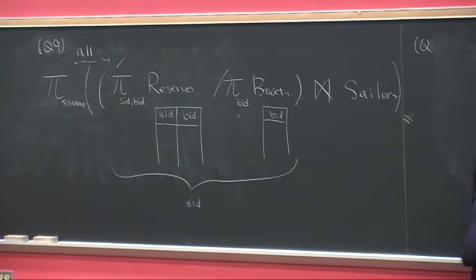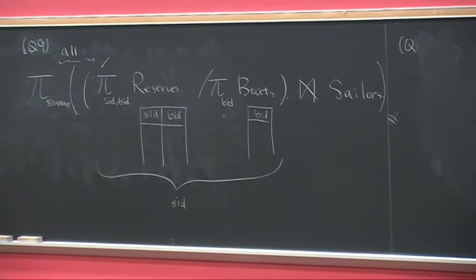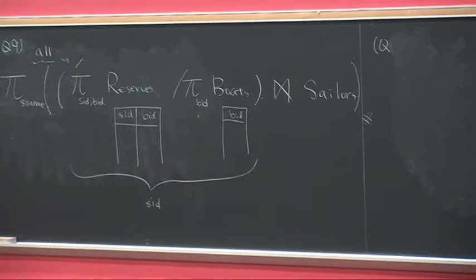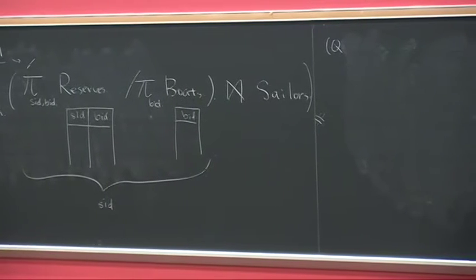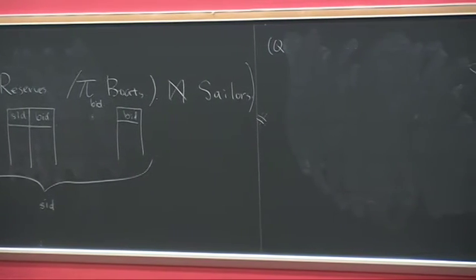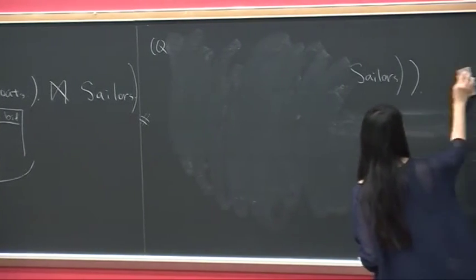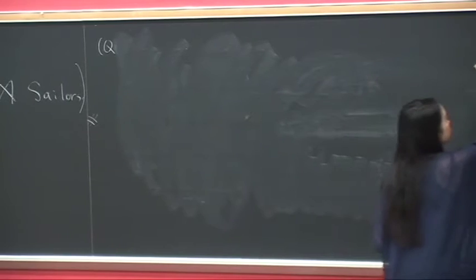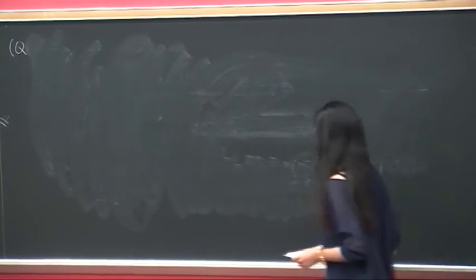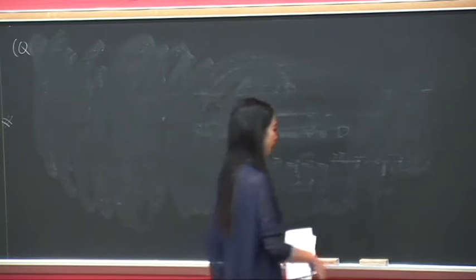Almost done. We're going to get to query 10. What do you think for query 10? Query 10, we want to find the names of sailors who have reserved all boats called Interlake.